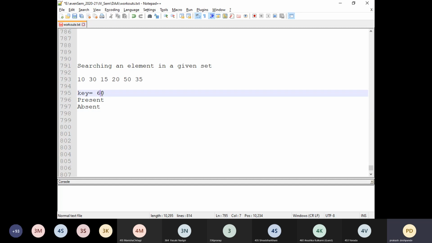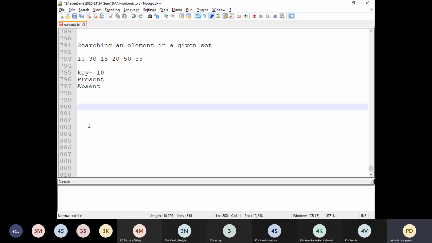If the element is present, then definitely at a particular position, when we keep on dividing the given problem, we will come to a phase when the sub problem can be solved such that the element is present. Then we will say that the element we are searching for is present there. This is one type of problem where we can have these two assumptions prior to finding the solution.